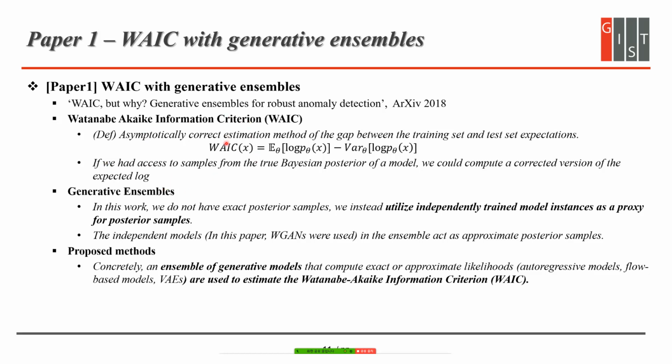So the WAIC, the correct estimation method in estimation area already exists. So they apply these WAIC values to the generative models. So we already said that to estimate these WAIC values, we should get many kinds of models.